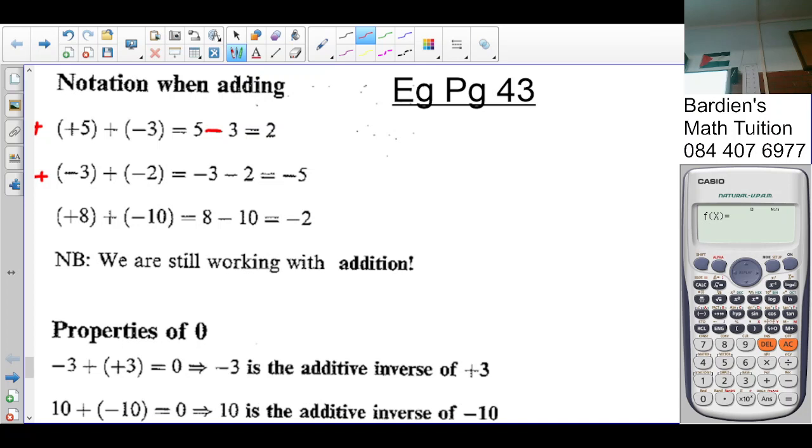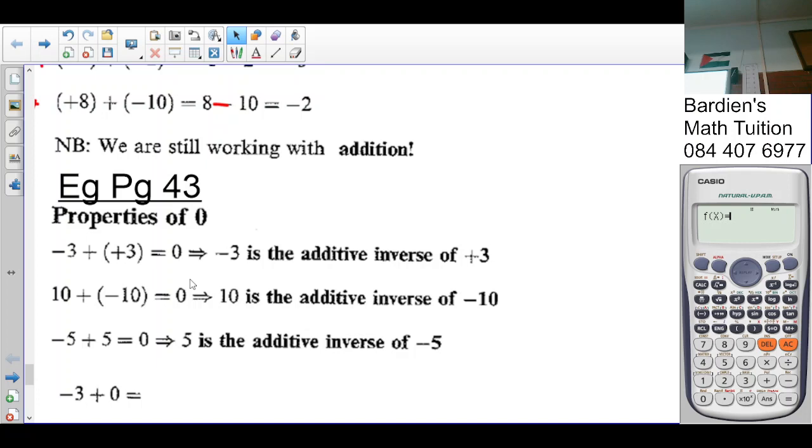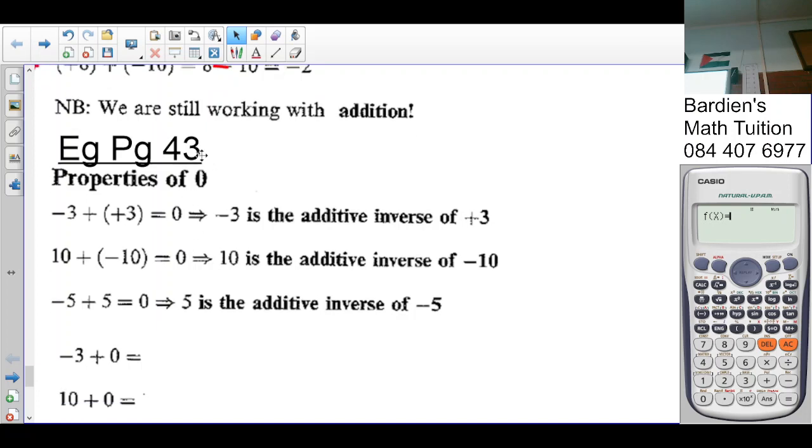And negative 3 minus 2 is negative 1. The last one is a positive here. Positive times a positive is positive. Positive times negative is negative. 8 minus 10 is negative 2. You all okay with that? That is quite simple. That's the rule we were doing from the beginning, so we are still working with addition.